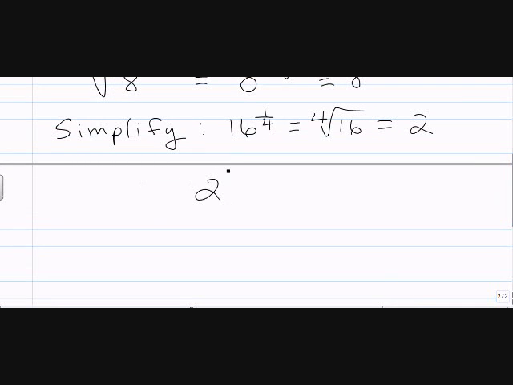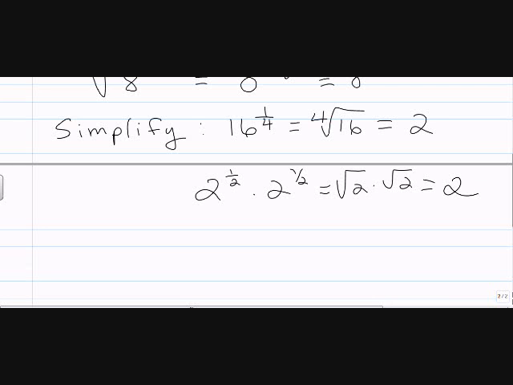Let's try 2 to the 1/2 times 2 to the 1/2. That's the square root of 2 times the square root of 2, better known as the square root of 4, better known as 2.